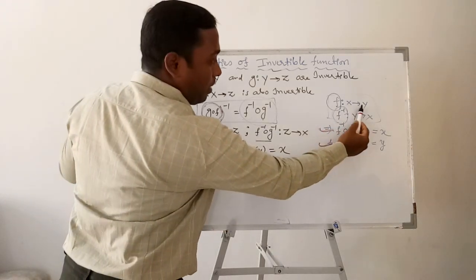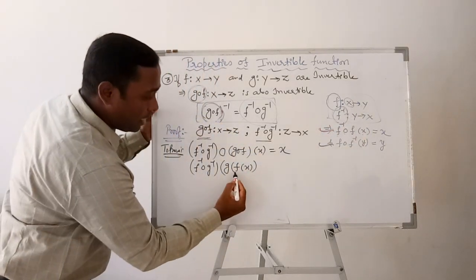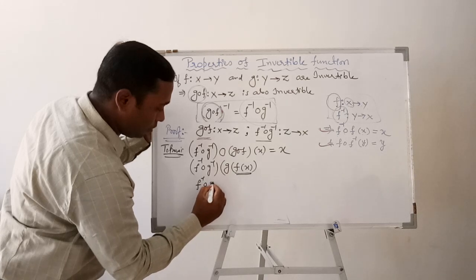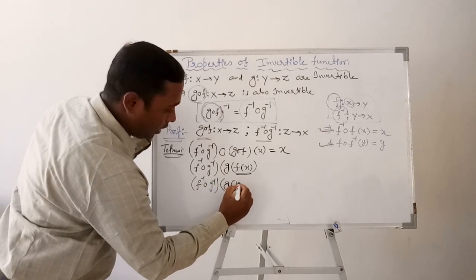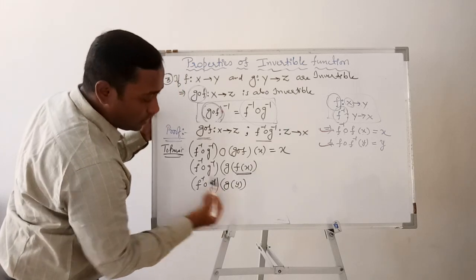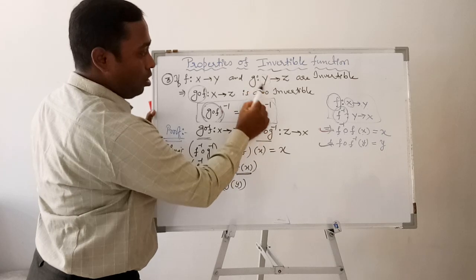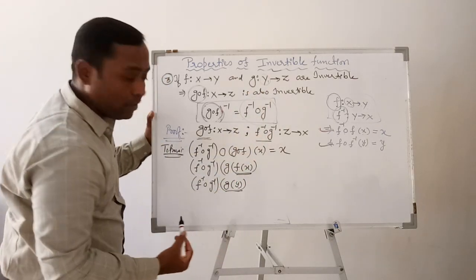F is a function from X to Y, so f of x will give y. So I am writing f of x as y. So f inverse g of y. Now what is g of y? Because g is a function from Y to Z, g of y will give z. So I am replacing g of y with z.